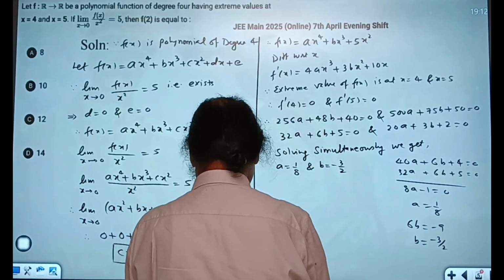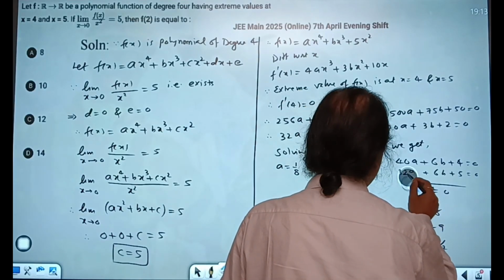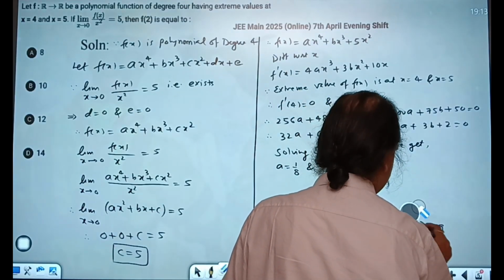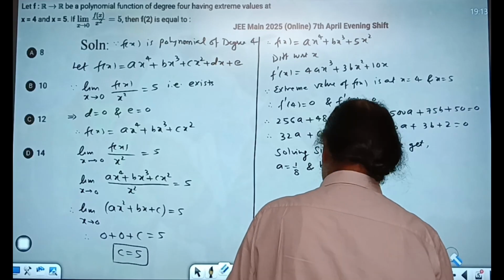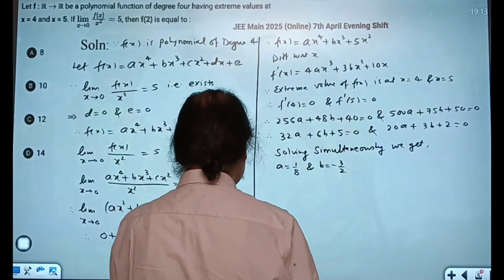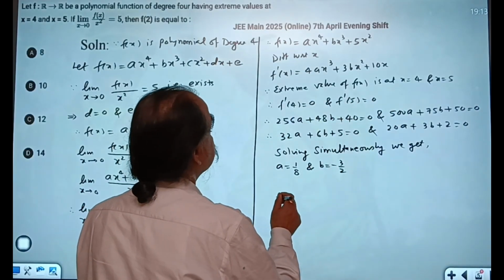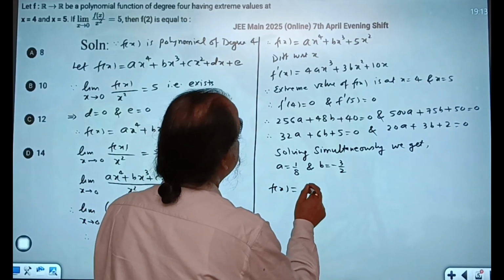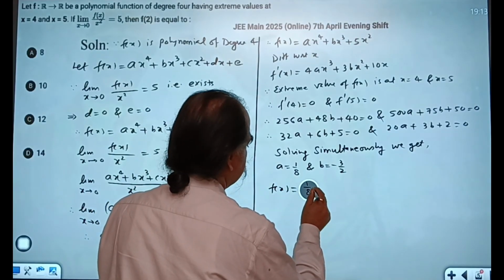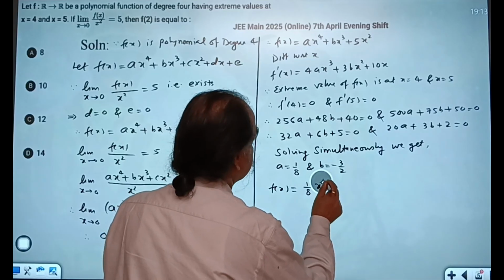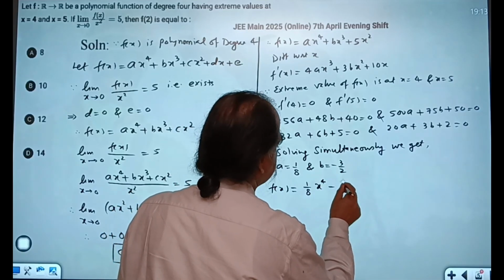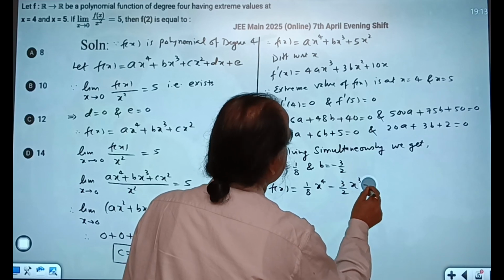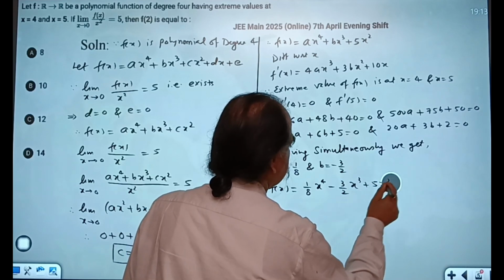So f(x) will become 1 upon 8 x raised to 4 minus 3 upon 2 x cube plus 5x square.